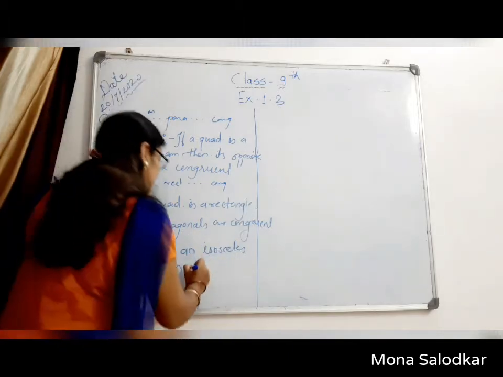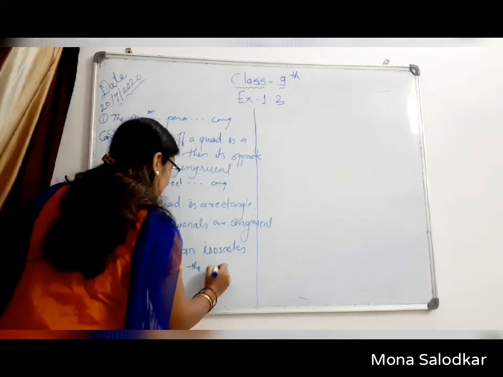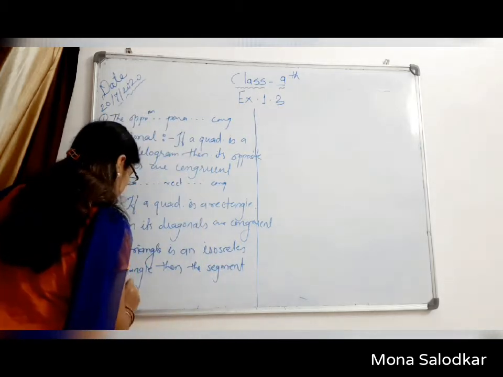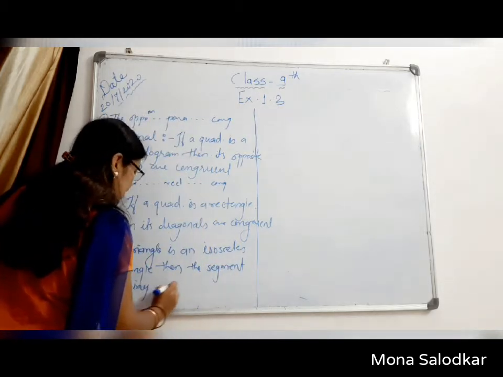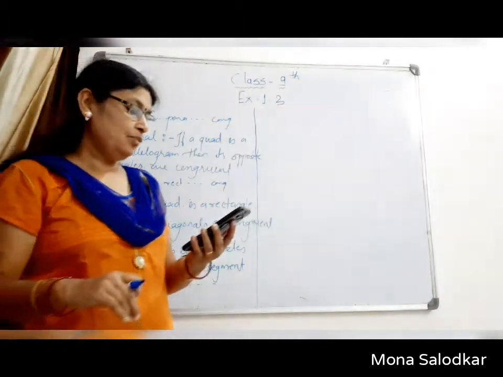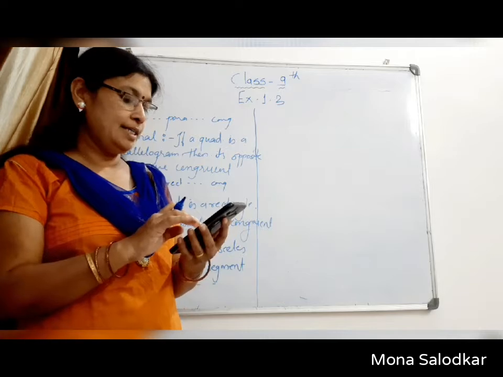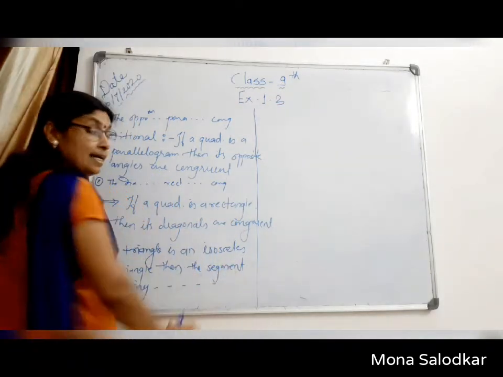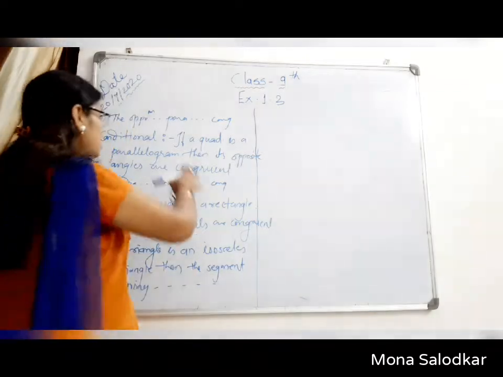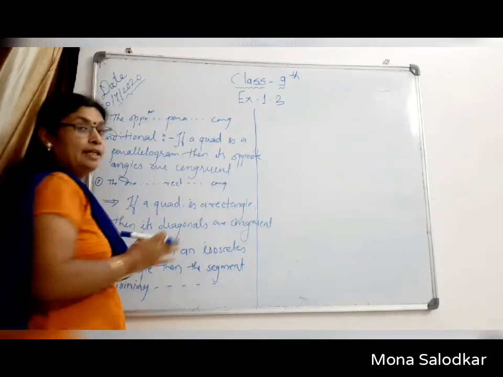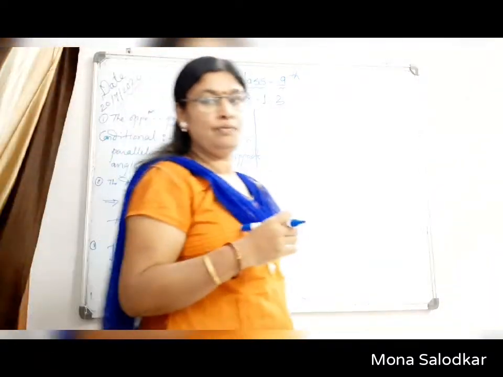Then the segment joining the vertex and the midpoint of the base is perpendicular to the base. You have to write down the full sentence, the statement as it is. Now see here what we take here in conditional statement, you have to write down in the form of if and then.